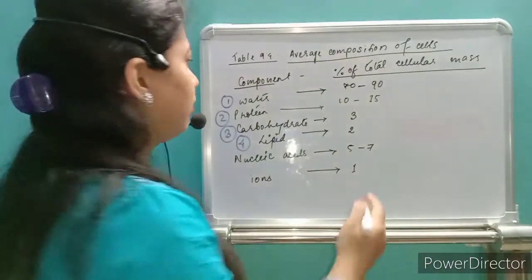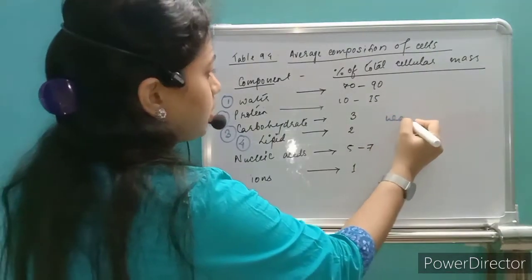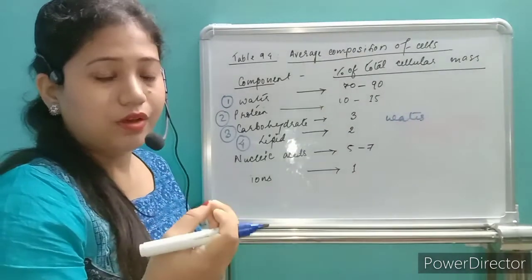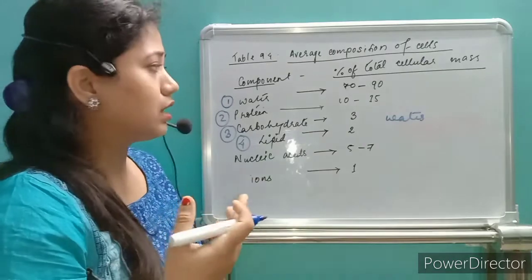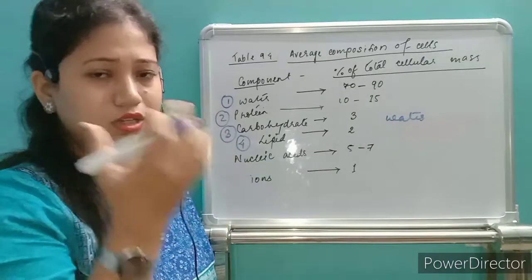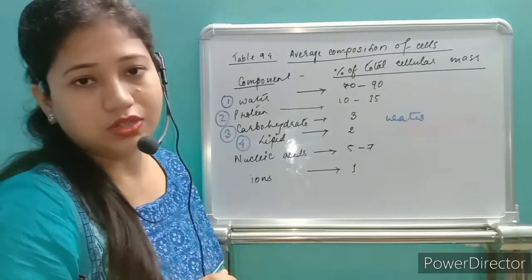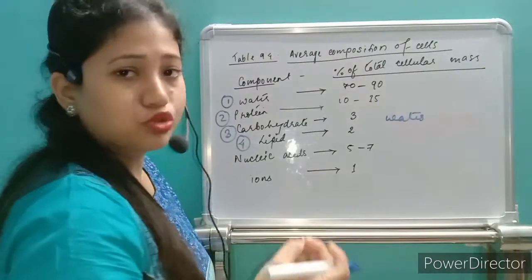So in a cell we have maximum water. Water is around 70 to 90%. One cell of our body contains around 70 to 90% on average. So that is the protoplasm.